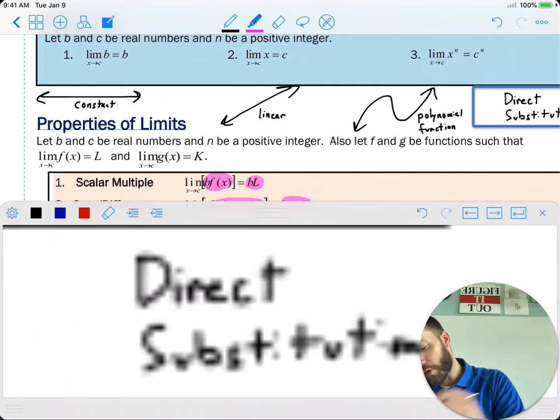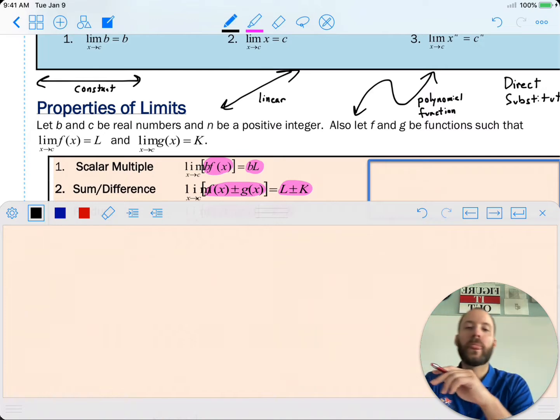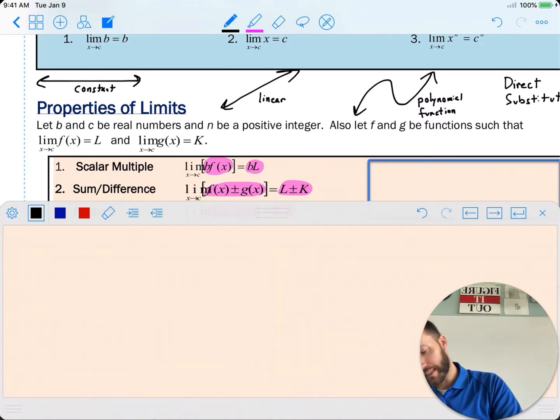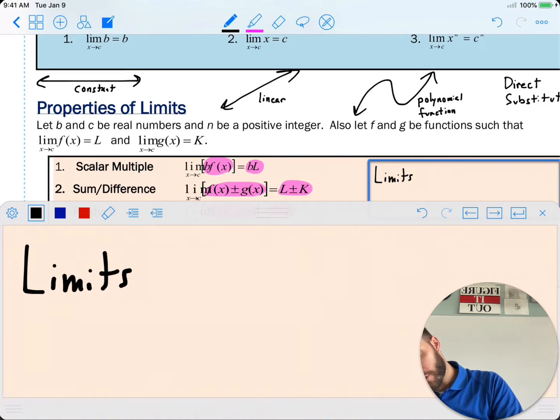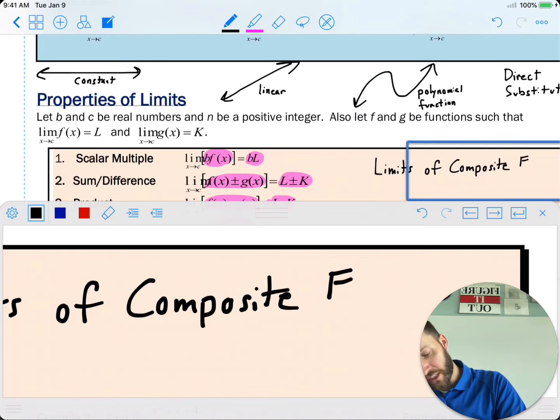Now, one thing I want to talk about, this came up a few years ago on the exam. You also want to look at limits of composite functions. So when you have f of g of x, so g is plugged into f, how do you work with that?